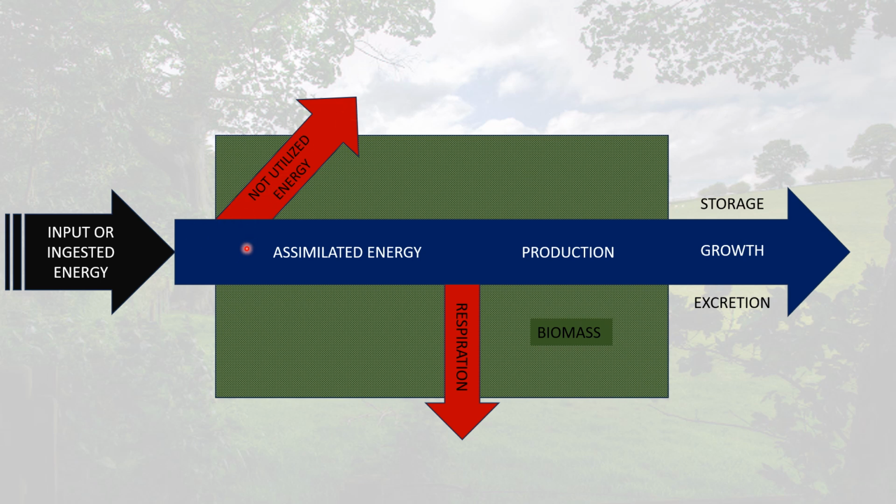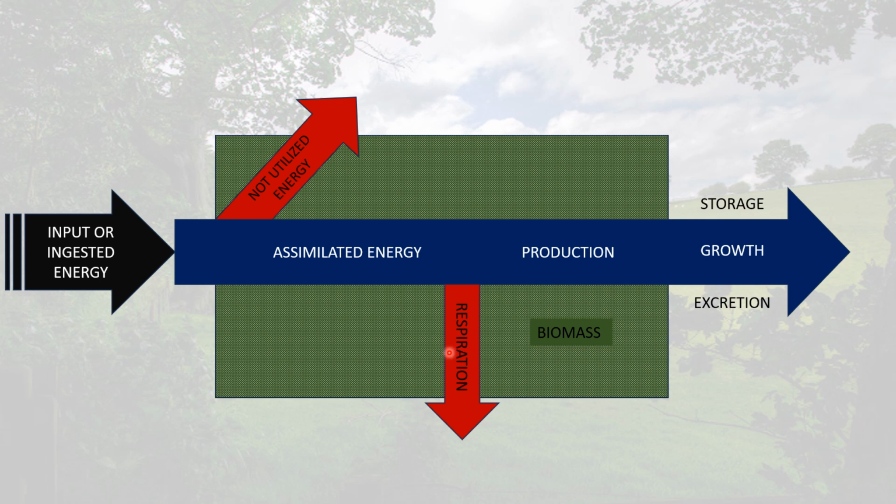And then the portion that is utilized or assimilated through the biomass gives us the gross production. In higher animals, the term metabolized energy is used. In this model, the key features are production and respiration.